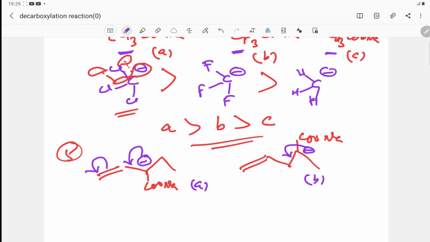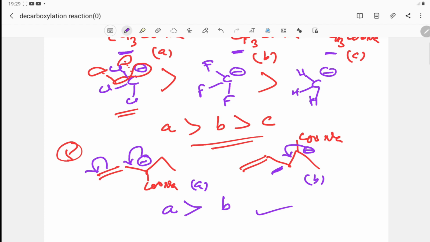Here delocalization is stopped at this point. Here delocalization is not possible. That's why this is less stable. So as A produces a more stable carbanion compared to B, acid A is more reactive than acid B towards soda lime decarboxylation.